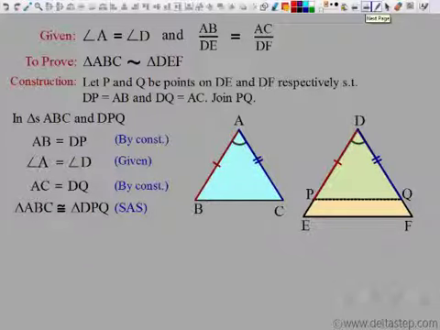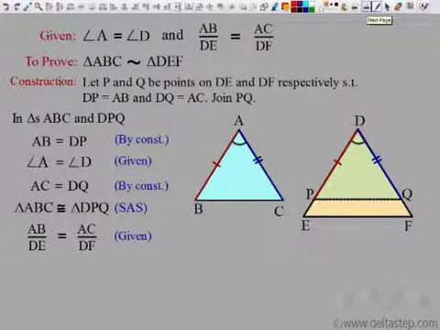Now what I know is this, that is AB by DE is equal to AC by DF. Let's write that down. Also, AB is same as DP and AC is same as DQ. So rather than writing this, I can substitute AB by DP. So I can write this as DP by DE.